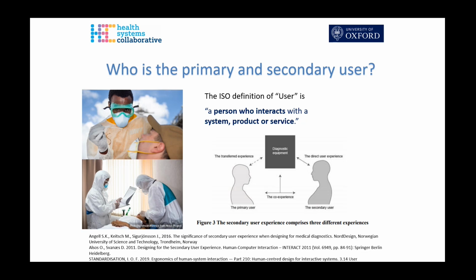While if you see it from the other angle of the patient, he's using the service, so he's basically the primary user if you look at it from this angle. So although almost all systems are designed with the primary user in mind, the fact is that the secondary user is also affected by it.